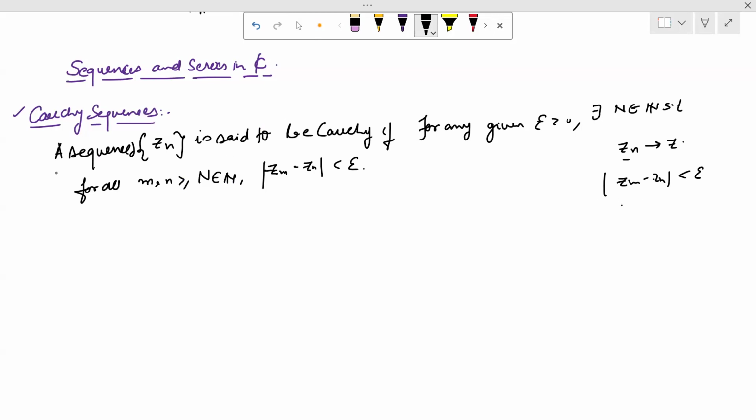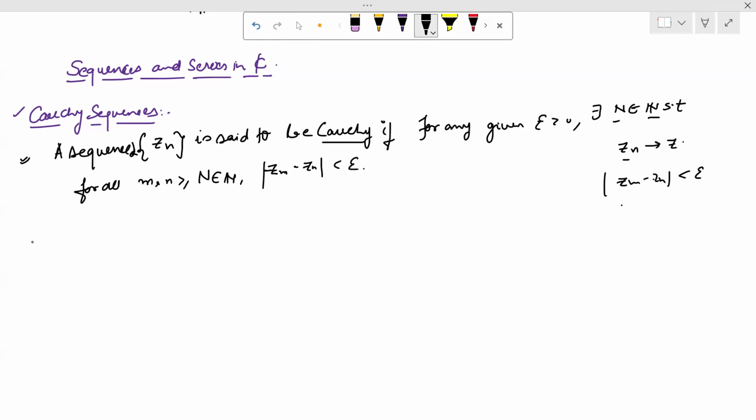This is what is meant by a Cauchy sequence. So a sequence Zn is said to be Cauchy if for any given epsilon greater than 0, there exists some capital N belonging to the natural numbers such that for all m and n greater than or equal to capital N, modulus of Zm minus Zn is less than epsilon. So this is called Cauchy.